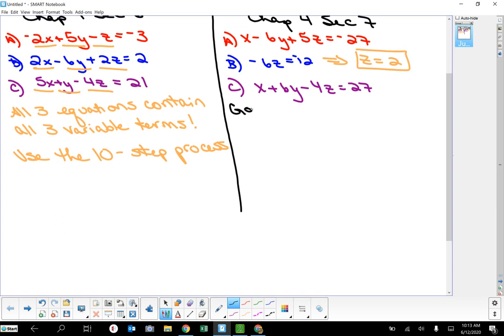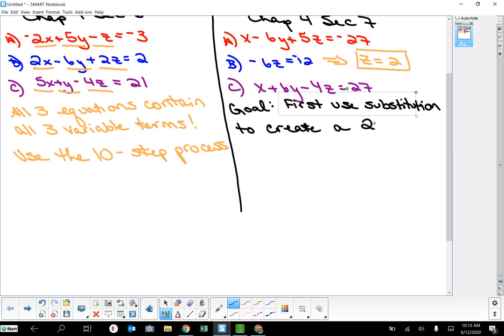Your goal is to first use substitution to create a 2x2 system that contains the same variable terms.